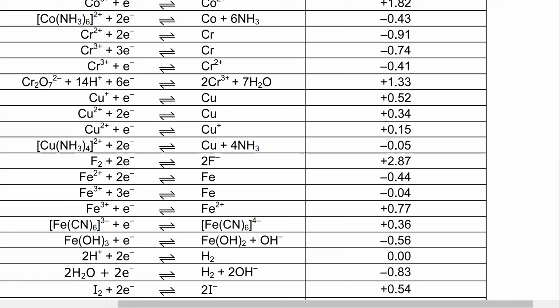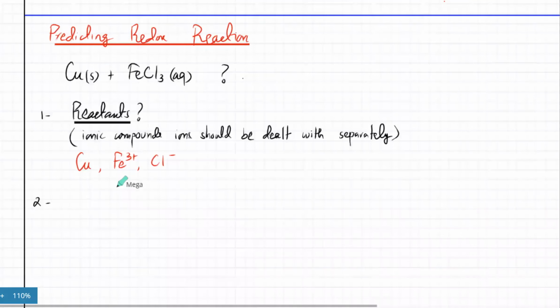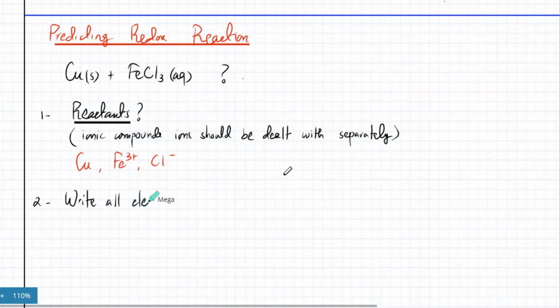So I'm going to write all these reactions. Point number 2 is you're going to write all electrode reactions involving the reactants. All possibilities, because at the moment, we have no idea what's going to happen.